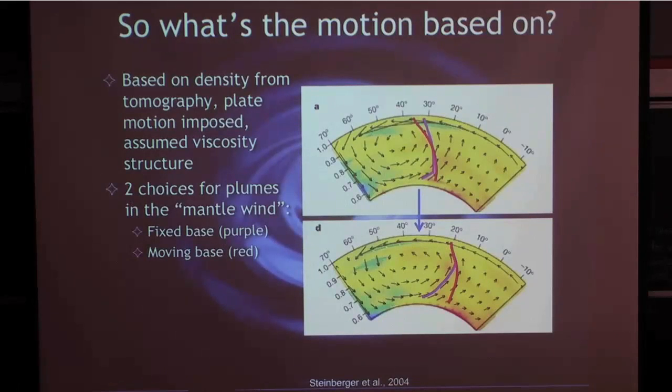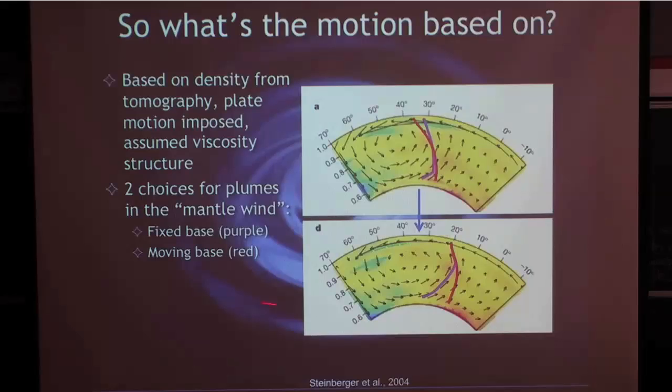So Jasper, I'm wondering where the biggest weakness of this approach is, where the most improvement could be made. Would it be the density from tomography? Well, I think these are all your variables, right? If you don't like the density structure, you can change that. Plate motion is probably pretty well understood.